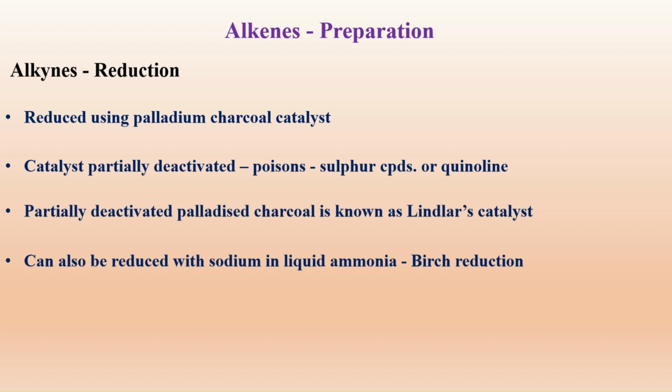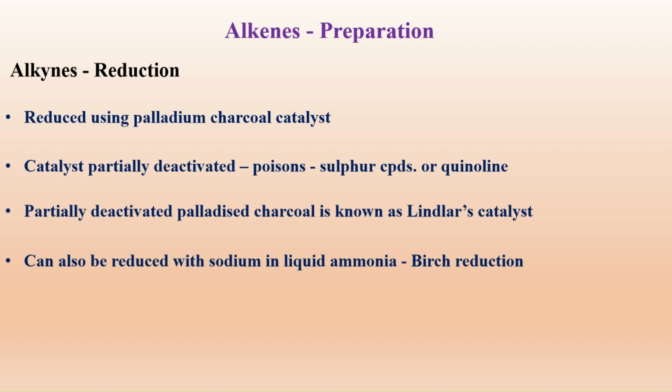We can also reduce alkynes by using sodium and liquid ammonia. Reduction of alkynes to alkenes by using sodium and liquid ammonia was given by Birch, and that's why it is named after him as Birch reduction.